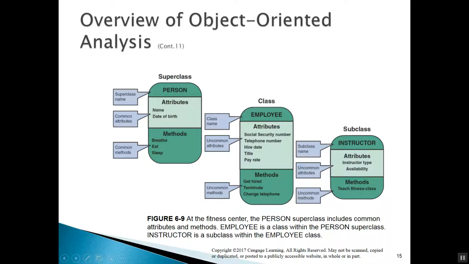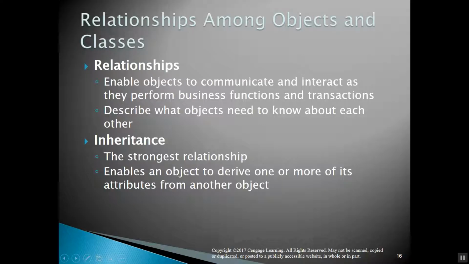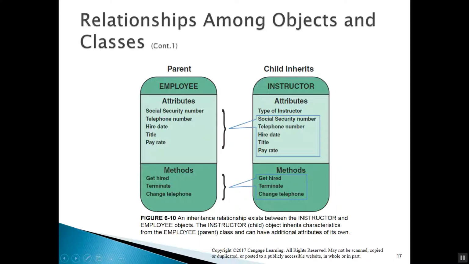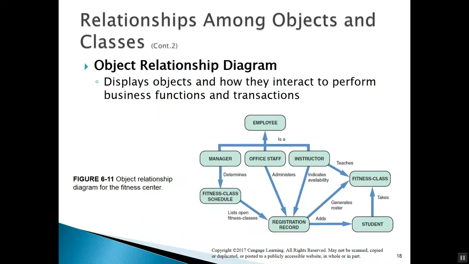Any attributes associated with a person would be in an employee. Anything that's in employee would be in instructor. Those attributes and functionalities are inherited from the parent down to the child, from the class to the object.